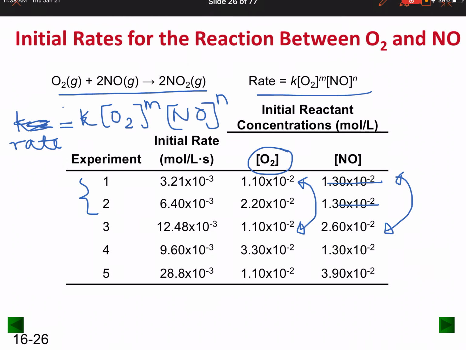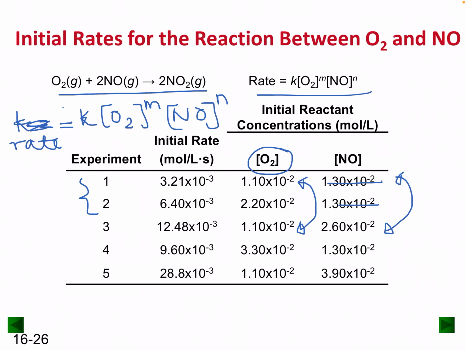Similarly, we can use 1 and 3. Remember, we talked about 1 and 3 to find the order with respect to nitrogen monoxide, since we keep oxygen constant. So now we're going to use these two rate data, 12.48 over 3.21.